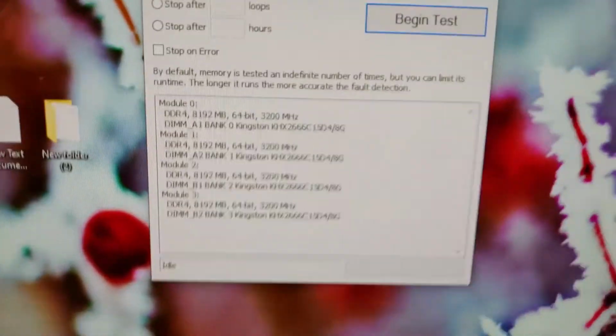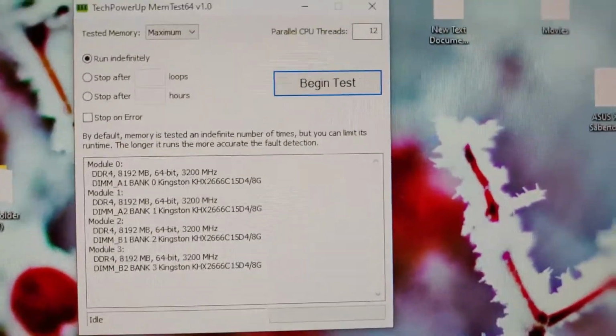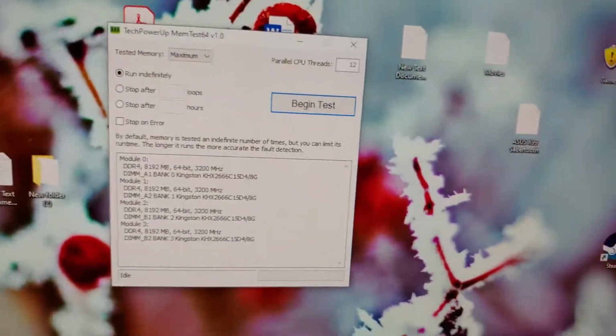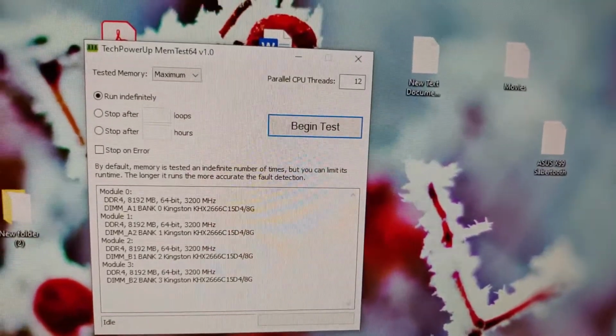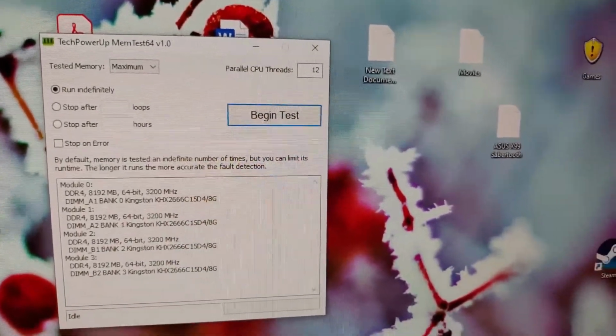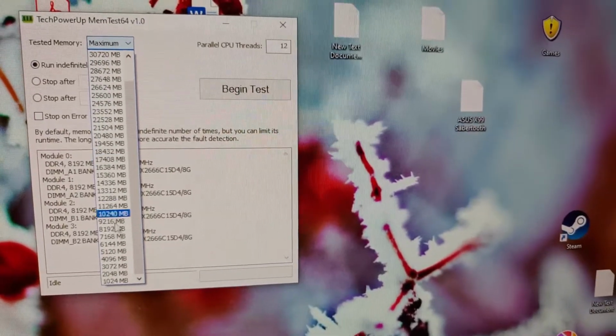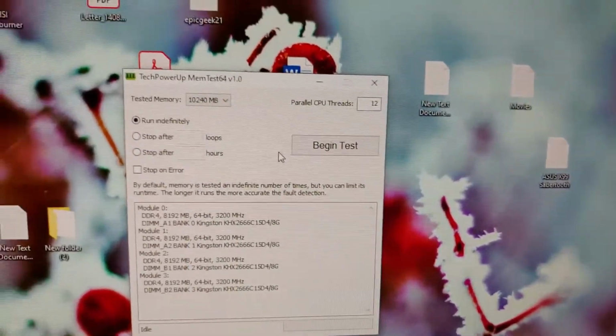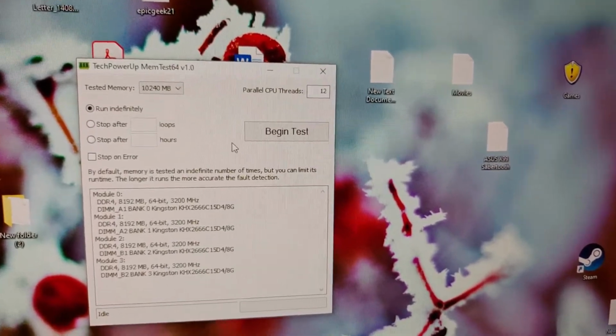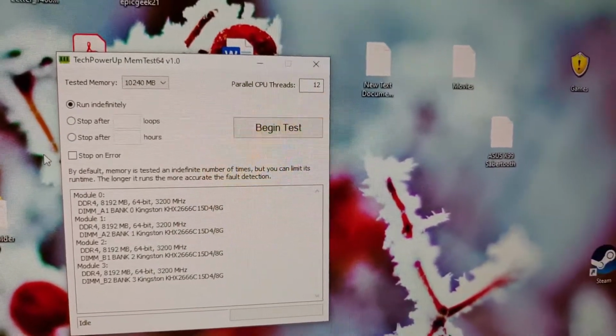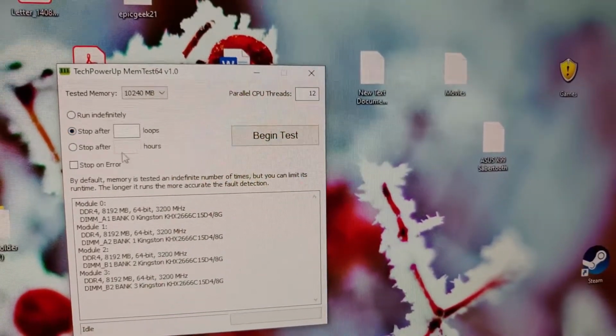Suppose you have 16 gigs of RAM. You can test with around 10 GB of memory, until you hit instability, and you can test for 5 loops. 5 loops is fine, and click on begin test.